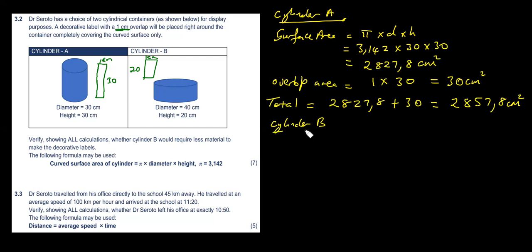Now let's look at cylinder B. On cylinder B, we're going to do the same thing. Surface area is going to be equal to pi times d times height. And what is our pi? 3.142 times, what is our d? Our diameter is 40. What is our height? It is 20. Then what do we get?